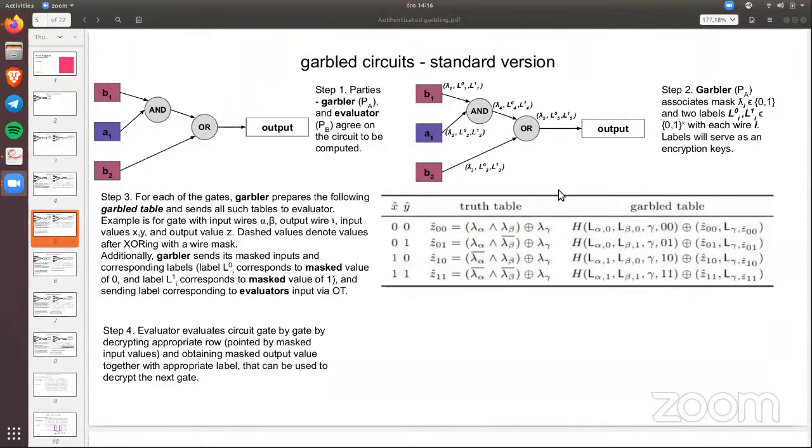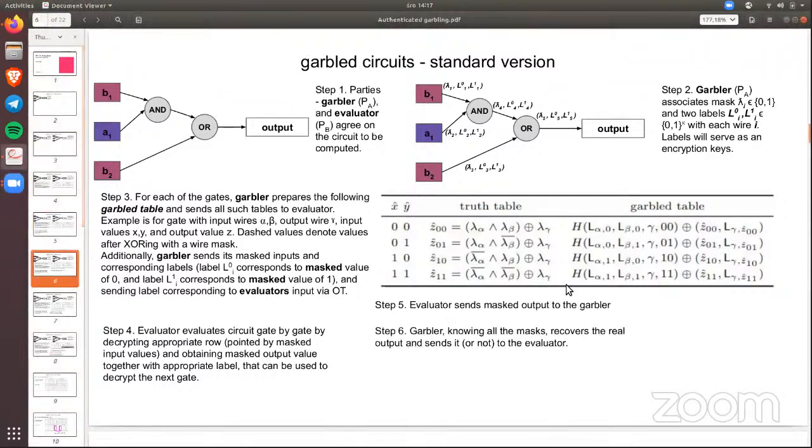What happens after computing all the gates is that he gets, in this case, a single bit of output, which is not the output of the actual circuit. It's the output of the garbled circuit. So it's XORed many times with different masks in the process. At this point, the evaluator knows some value, but it's meaningless for him just yet.